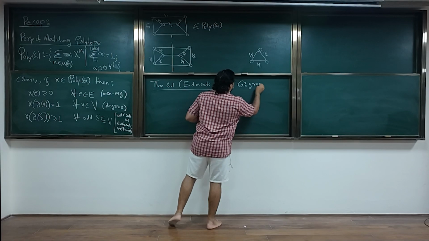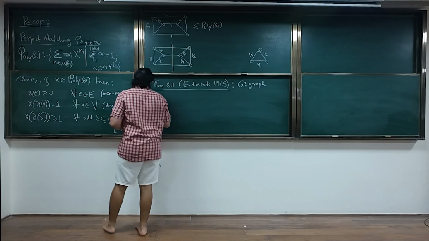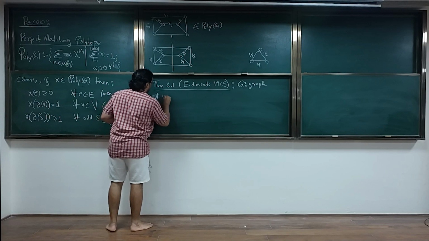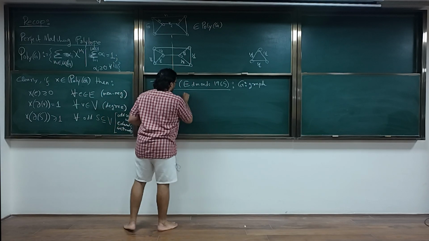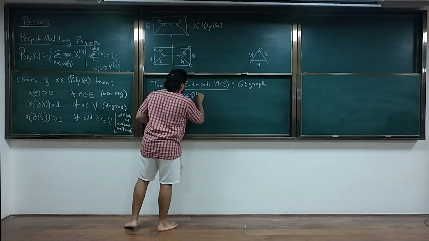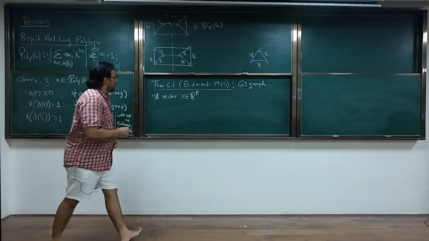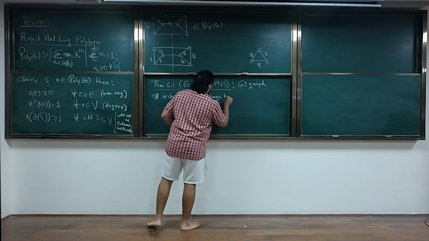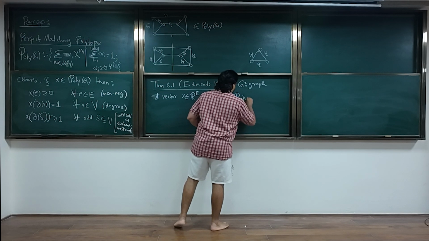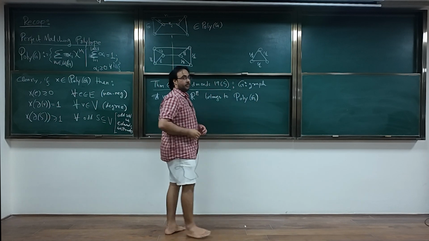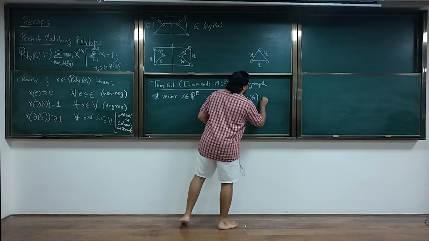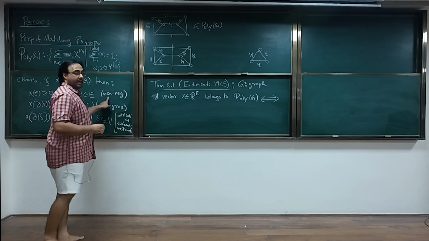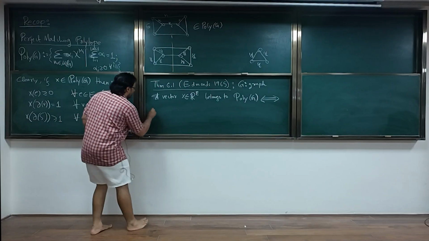We don't need any hypothesis here. A vector x in R^E belongs to the perfect matching polytope corresponding to this graph if and only if it satisfies non-negativity, degree, and the odd set constraints.